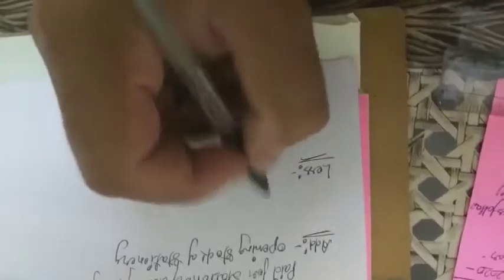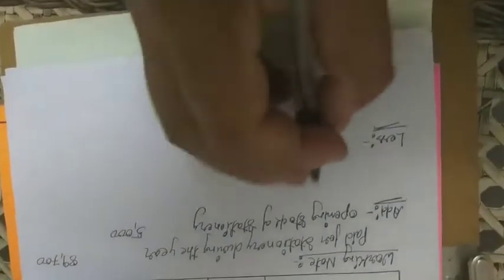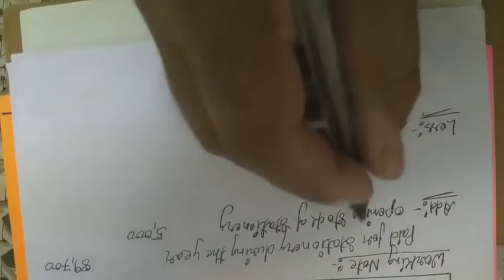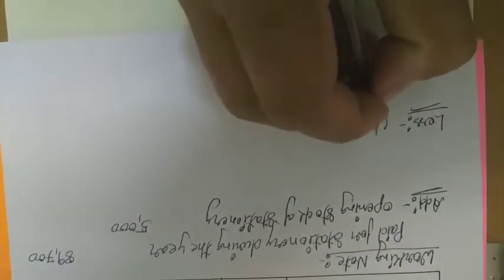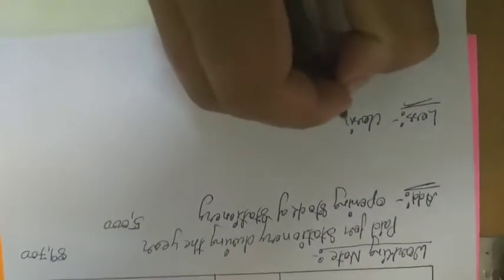So here we will subtract the closing stock and many more things. First, the stock of stationery in the beginning was 5,000. So we will add here 5,000, the value of stock in the beginning, and with this we have to write the closing stock also.